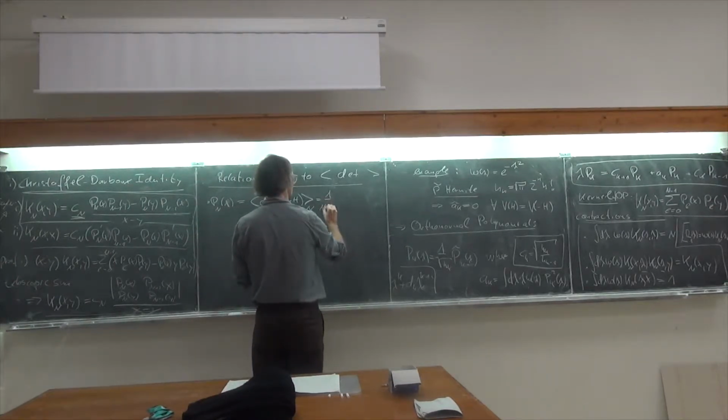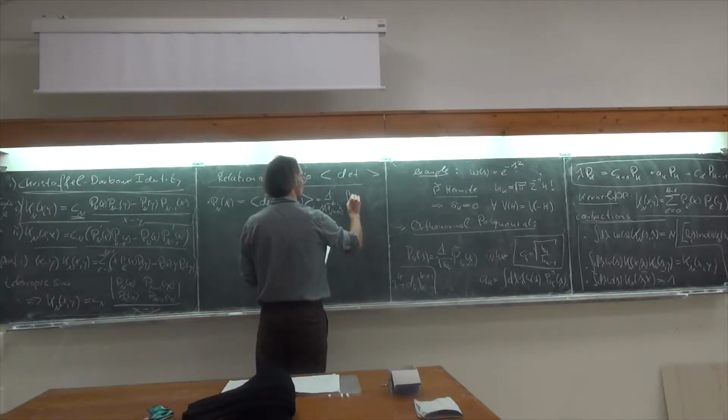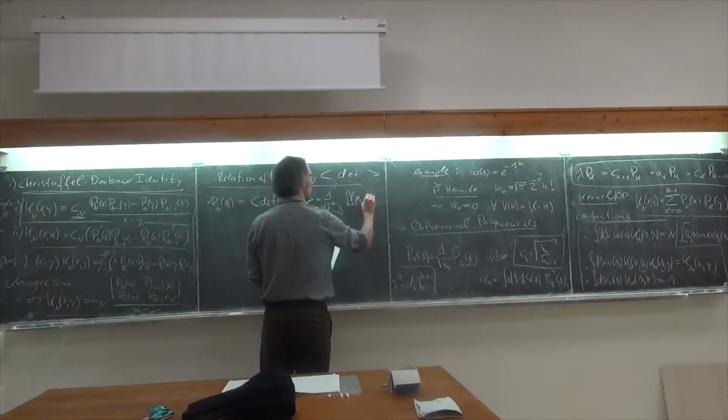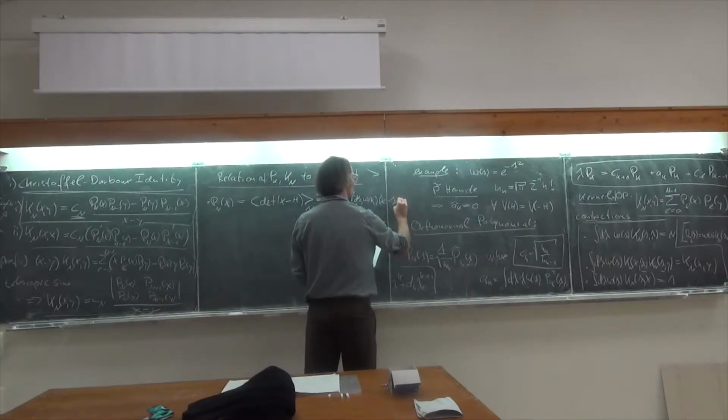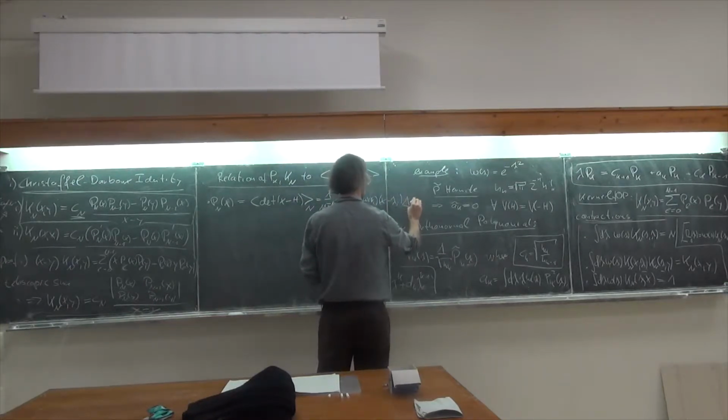So we now drop all the constants. Product over k from 0 to n minus 1, h_k, integral, product of lambda_i, omega of lambda_i, x minus lambda_i, times the Vandermonde.